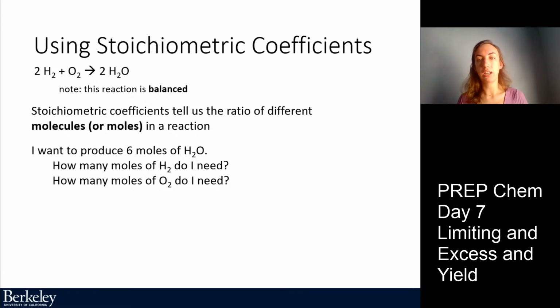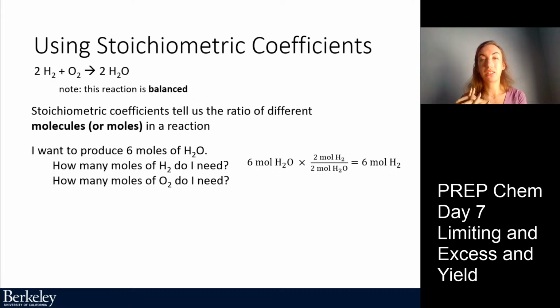But I just want to write that out a little more formally. So I'm using these stoichiometric coefficients like a unit conversion. So if I have my 6 moles of H2O and I multiply it by the ratio of those stoichiometric coefficients, then I can get my answer in units of moles of H2.